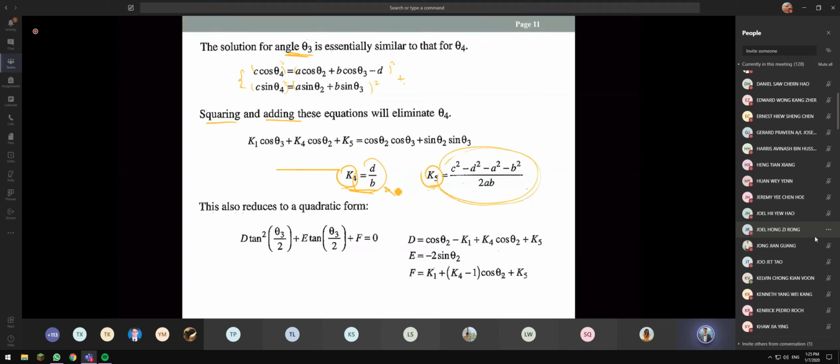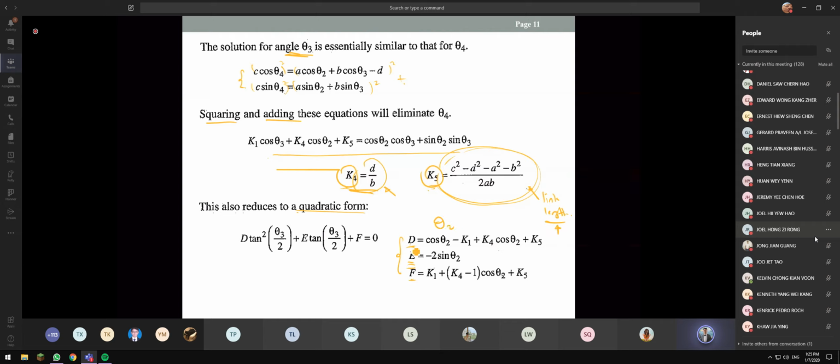Basically this is all the link length. With this link length, we can continue. Because this formula is long, it will be further reduced to D, E, F. Again, D, E, F can be found with the link length information and theta 2.